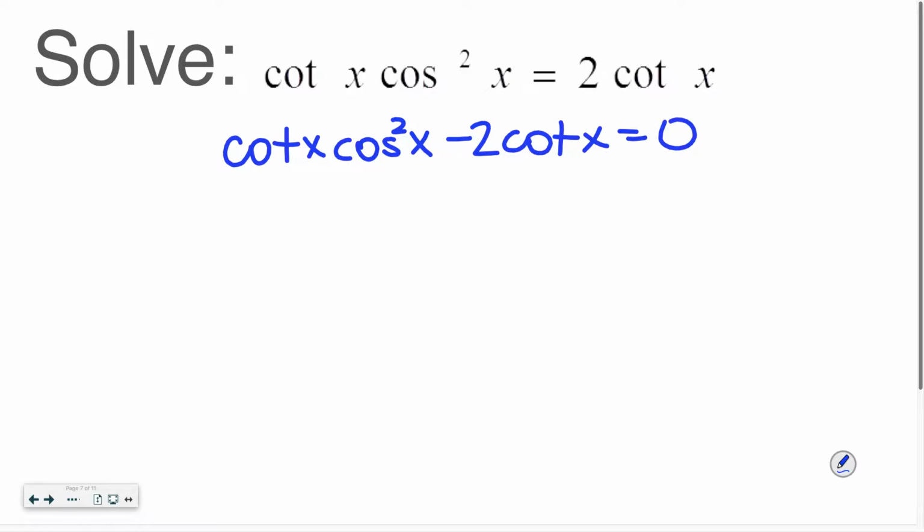Now we can't combine these two because this guy's multiplied to cosine squared. However, what could we do? Since we have two terms that have something in common, a greatest common factor, we can factor out our cotangent of x.